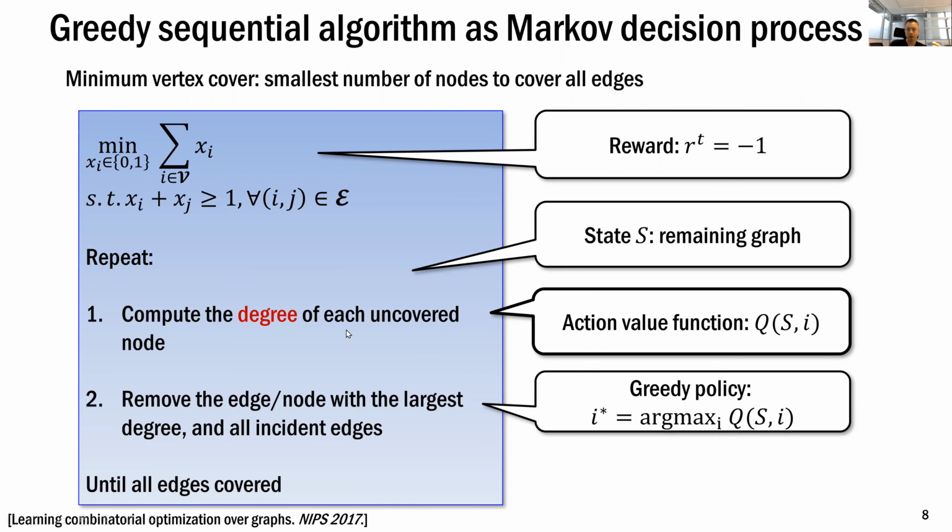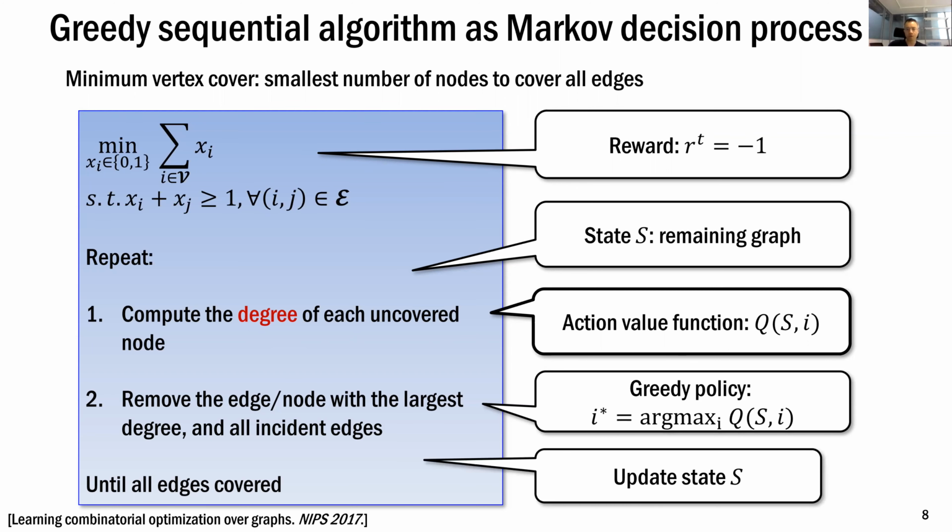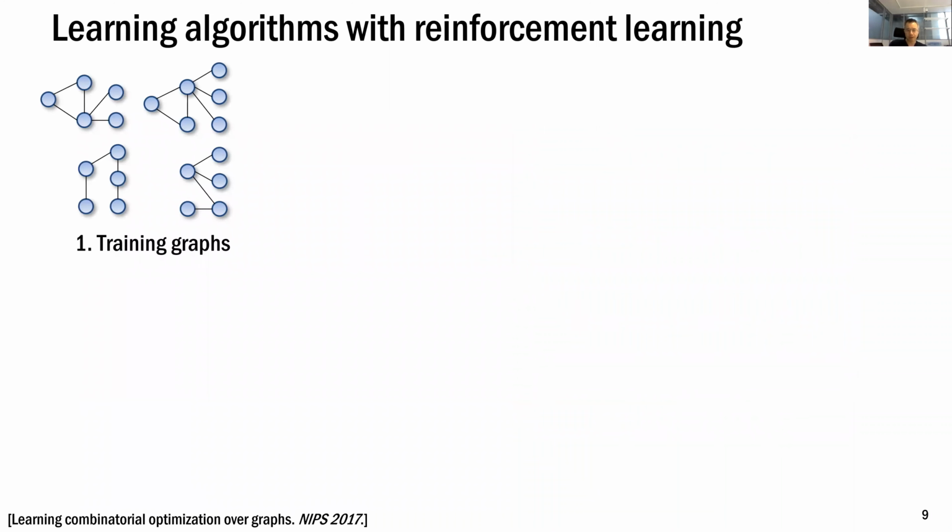Instead of using an expert designed fixed function, I'm going to parameterize this function and learn it. In this particular case, we're going to use a graph neural net to parameterize this action value function and use reinforcement learning to learn it.